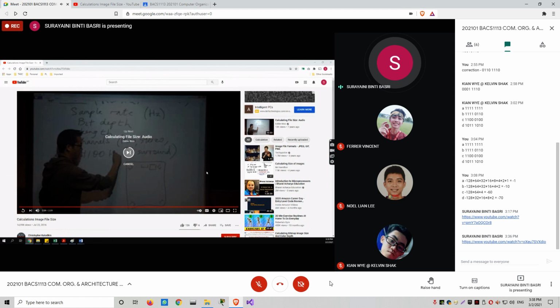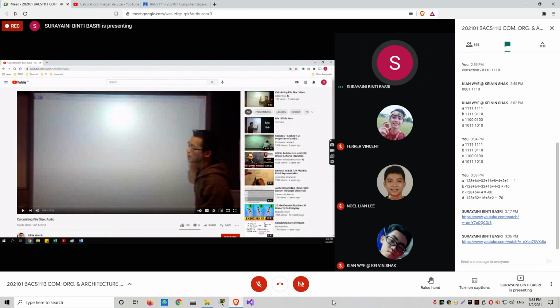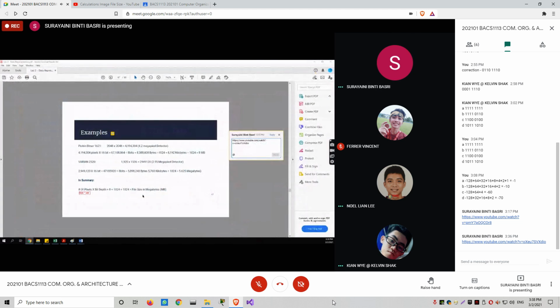Okay, done, right? So easy, right? Do you have questions about how to get the bit depth value? How many colors are there? Yeah, so to get the bit depth value, you need to know how many colors there are.